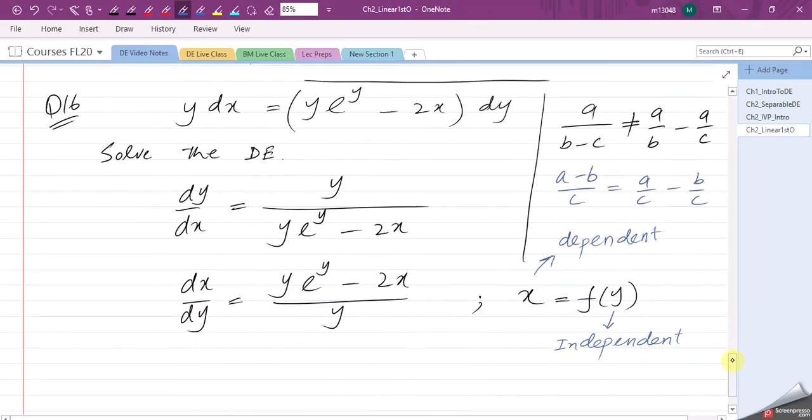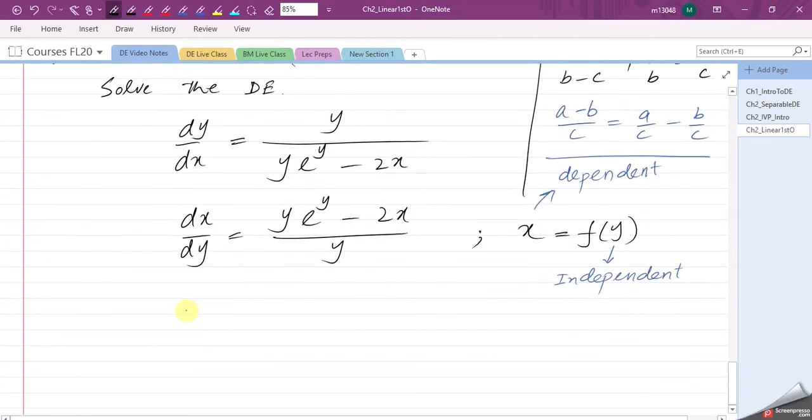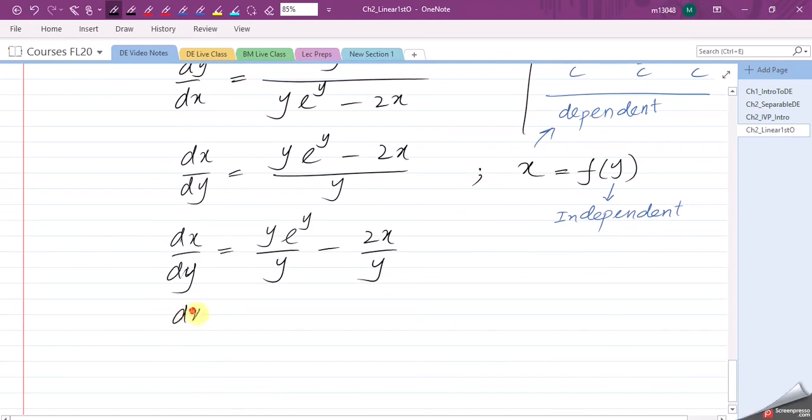Yes, that's very right. This is not possible, but this is very possible. We can write dx/dy equals y e^y over y minus 2x over y. And that can be written as dx/dy plus (2/y) x equals e^y.